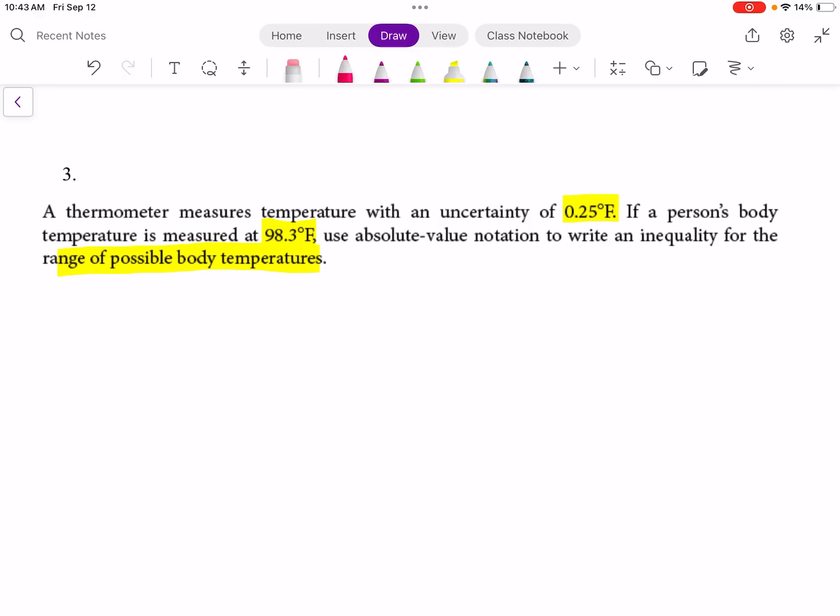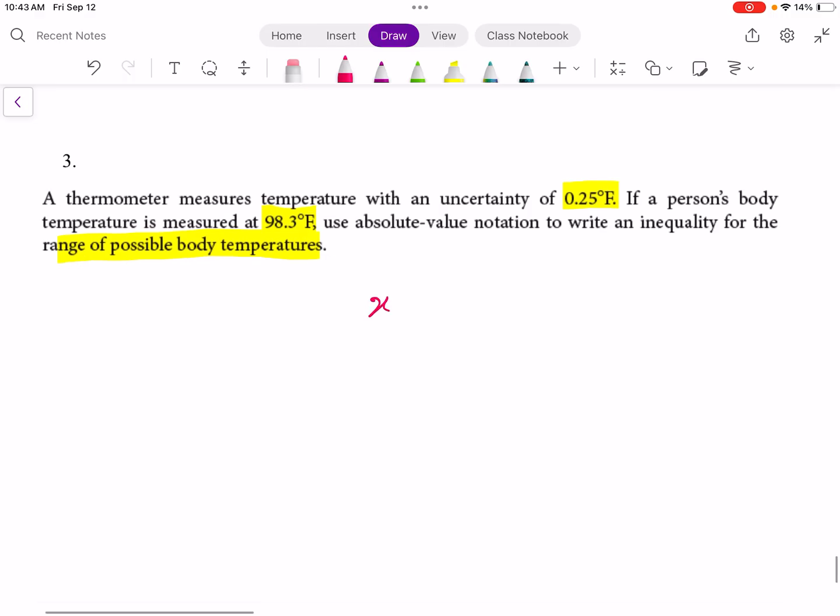So let's call our x the temperature, and this x can be greater than or equal to 98.3 minus this uncertainty 0.25, or less than or equal to 98.3 plus 0.25. It means the body temperature can be less by 0.25 or it can be more by 0.25.